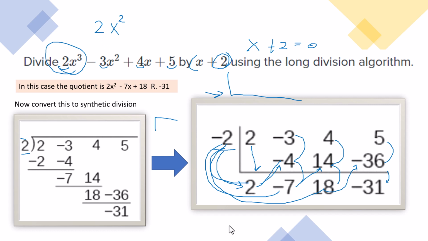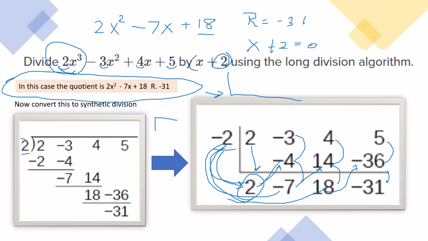Take that answer that we got, put it in front of x squared, and then minus 7, keep descending, x to the first power, plus 18, x to the 0 power. That's our constant, and that's where we stop. So our remainder would be 31, or negative 31. So that's how we interpret that answer with synthetic division.